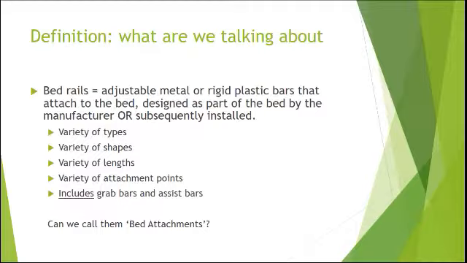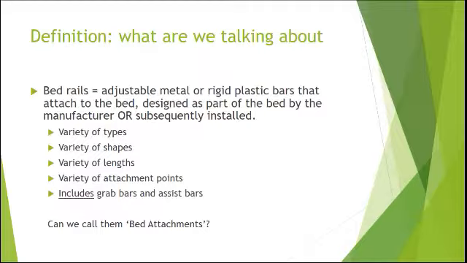So under the definition, these bed attachments are metal or rigid plastic bars that somehow attach to the bed. Sometimes they're designed by the manufacturer as part of the bed, coming with the bed, or they can be bed attachments that are subsequently purchased separate from the bed and installed by the facility.